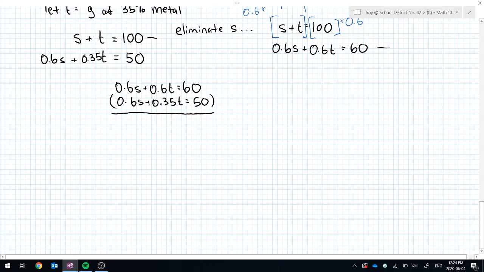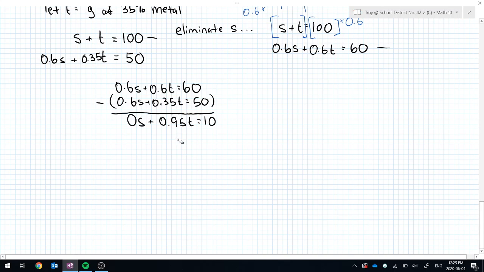In this case, I'm going to need to subtract because I have a positive 0.6s here, a positive 0.6s there. If I added them, I would just get 1.2s, which is not a cancellation, but if I subtract them, I get 0s, which is a cancellation. Alright, then I get, whoops, I'm subtracting, not adding.